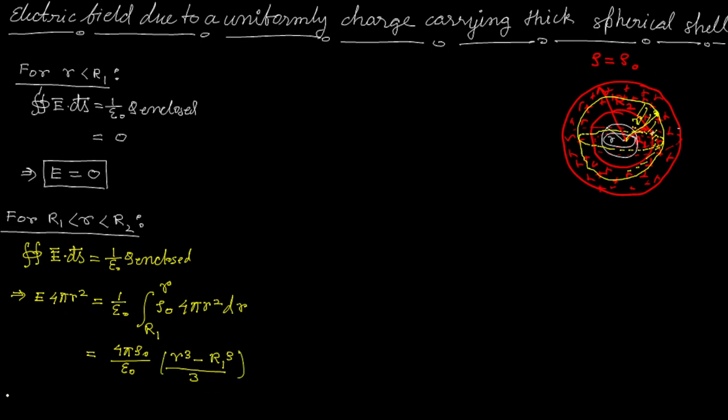Then if we divide by 4 pi r square on the right side, finally we get E equals rho naught divided by 3 epsilon naught times (r cube minus R1 cube) divided by r square. This is the magnitude of the electric field in this region, and the direction of the electric field will be along the r cap direction.